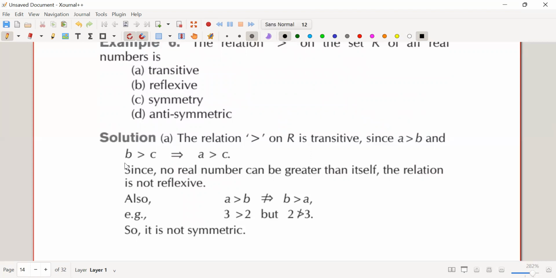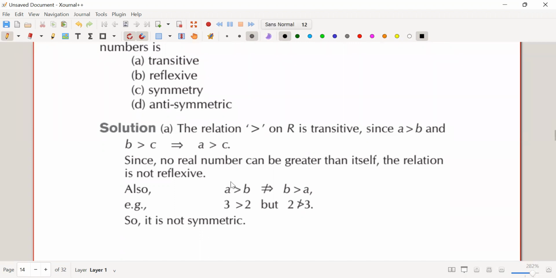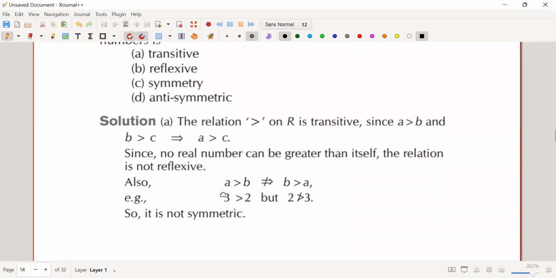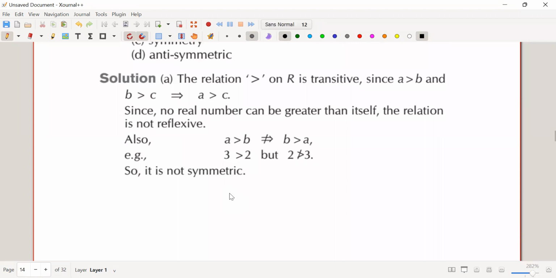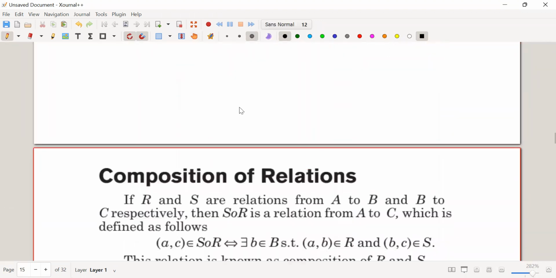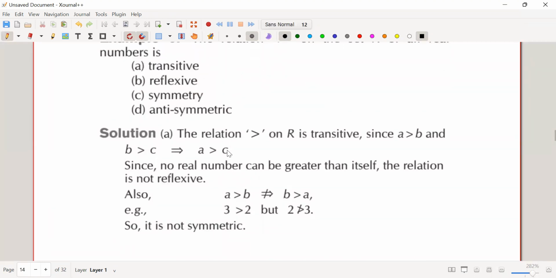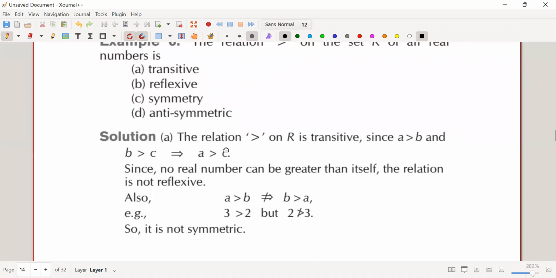It cannot be reflexive. Got the result. But it can be antisymmetric.